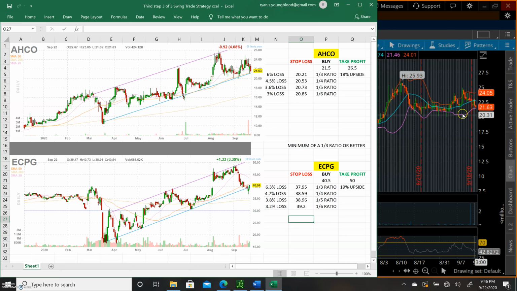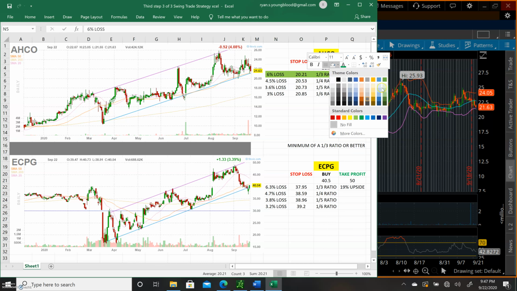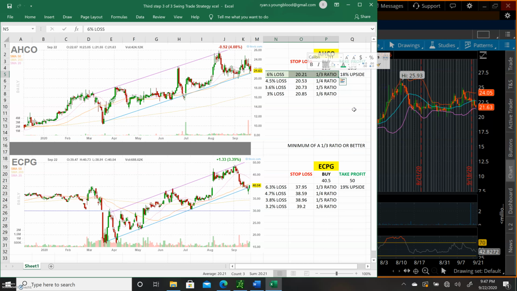So I'm going to take a 1-to-3 ratio and a 6% stop loss. So I'm going to identify that there. Not saying that these other ones would have been doable.